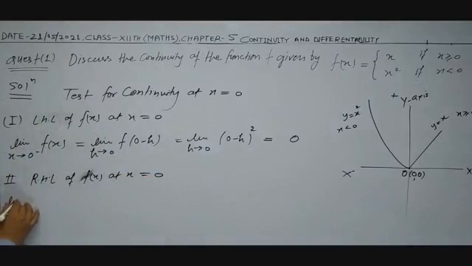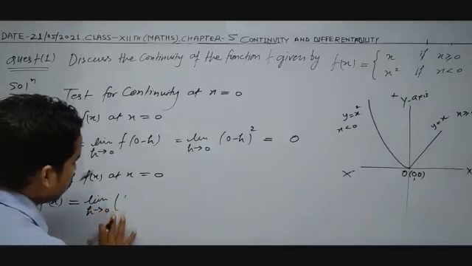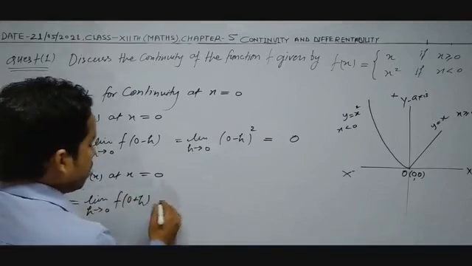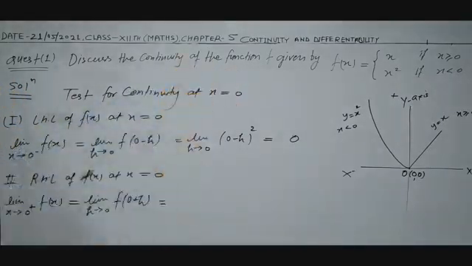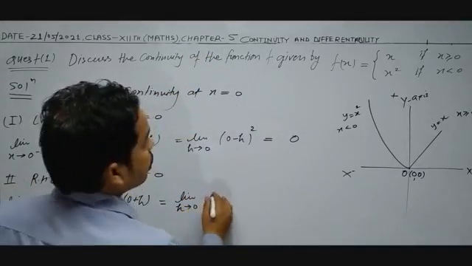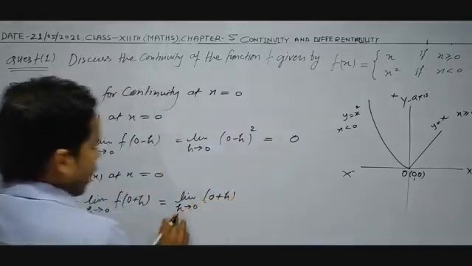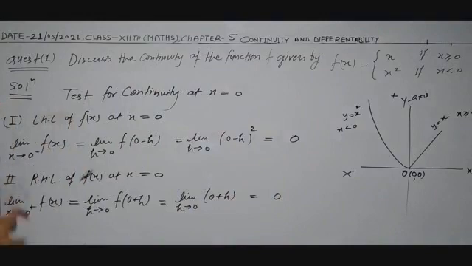Then we can write limit x tends to 0 plus f(x) = limit h tends to 0 of f(0 plus h), and for the right hand side I consider f(x) = x because x is greater than 0. So this result will be limit h tends to 0 of (0 plus h), and when you put h tends to 0 you will see the result is 0. So the right hand limit is also 0.